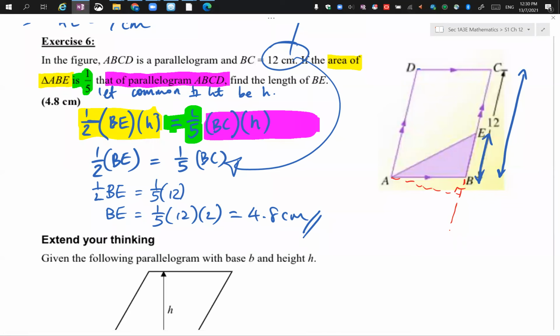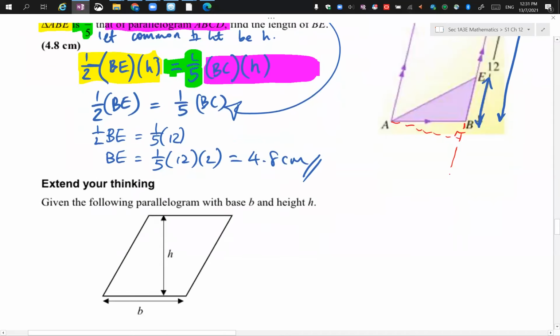So it can be done, but the easiest method is to use algebra. Once you are familiar with algebra, it helps you greatly in reducing the mental load that you have. Okay, next one. You can try it yourself.